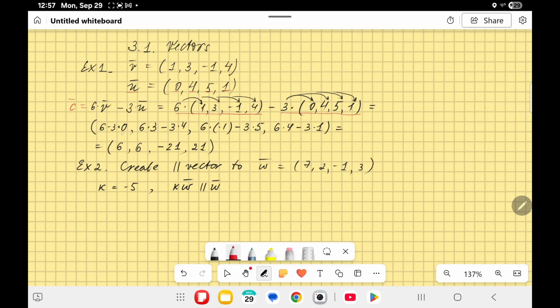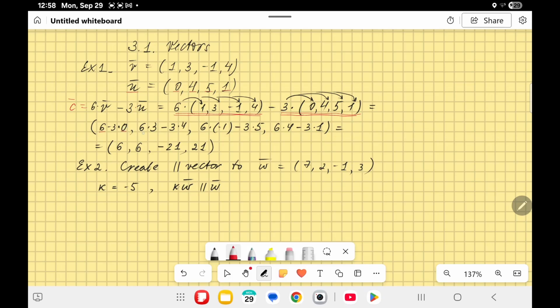I'm going to write down the result of multiplication, and since we are going to have as a result 2 vectors subtracted, I'm going to subtract components of my second vector from components of my first vector. So 6 multiplied by 1 minus 3 multiplied by 0.